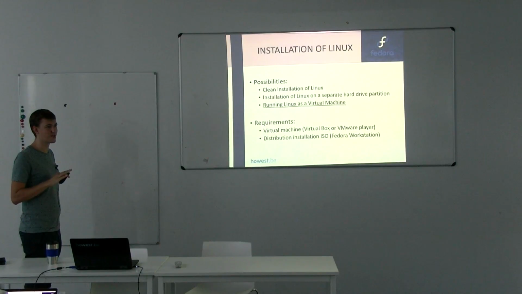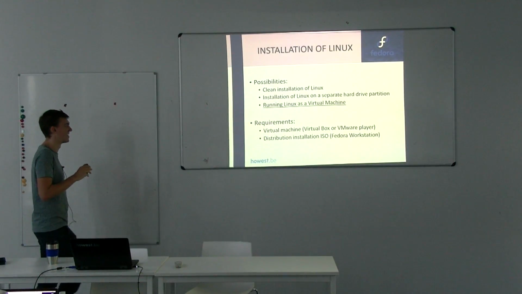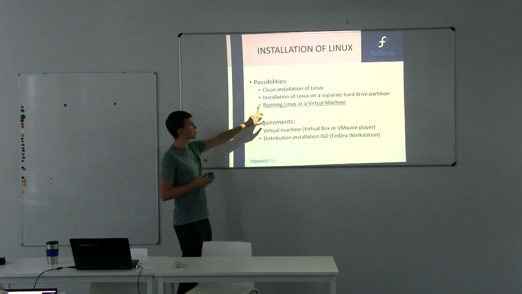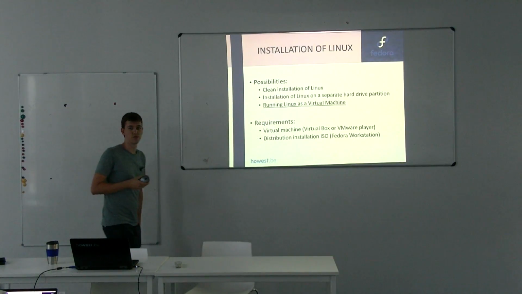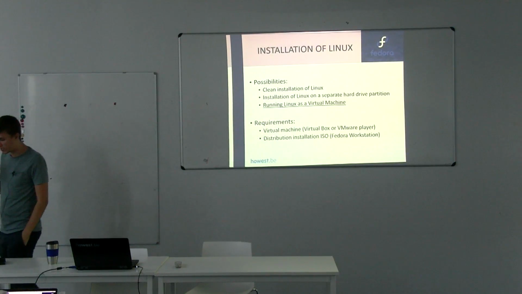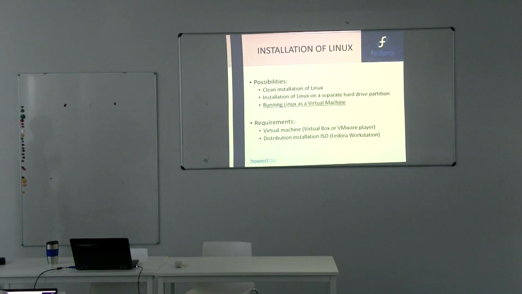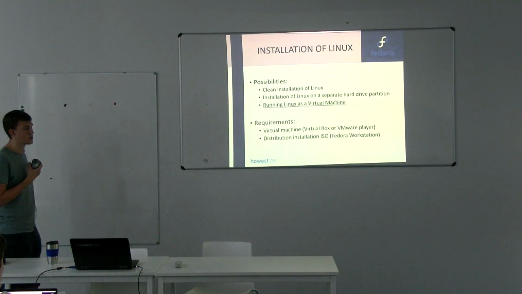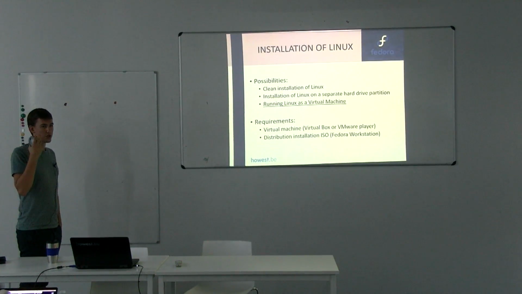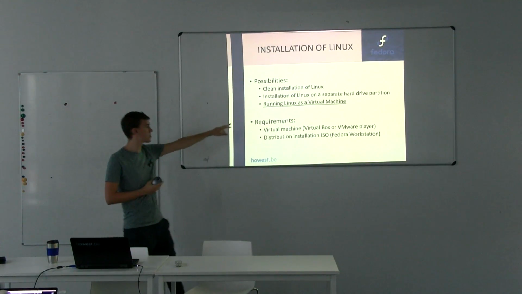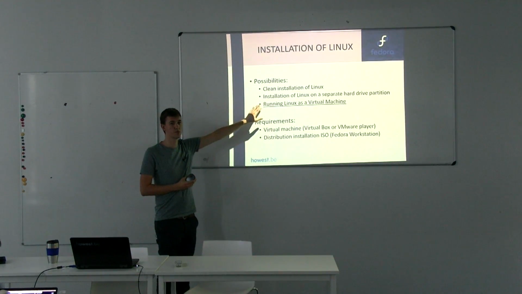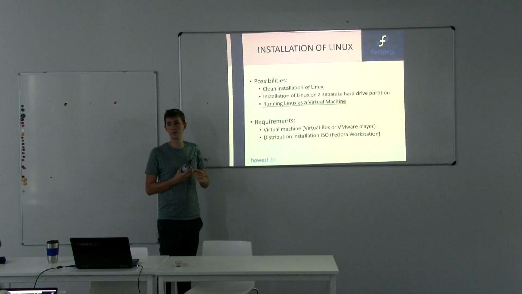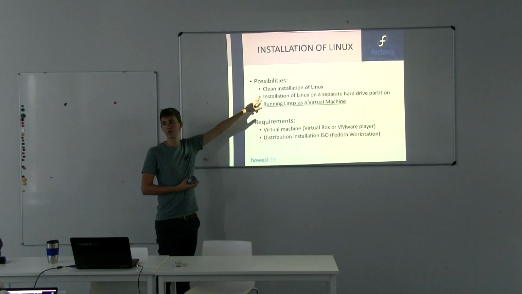If you don't understand what I'm saying, it's no problem. Next, you can also choose to run Linux as a virtual machine, which is actually the most simple way to install Linux, and this is also the way that we will discuss. Just remember, if you have problems running Linux as a virtual machine and it doesn't work for your computer, try the second installation possibility.